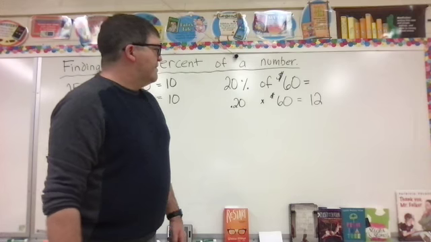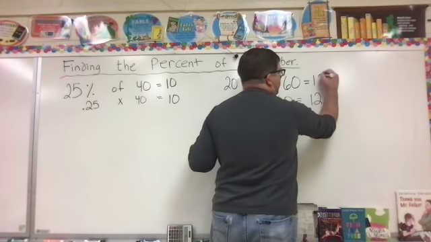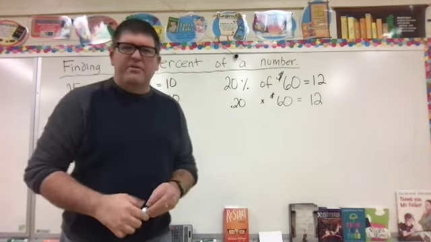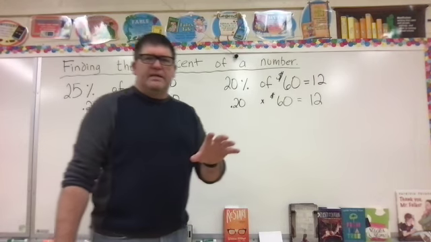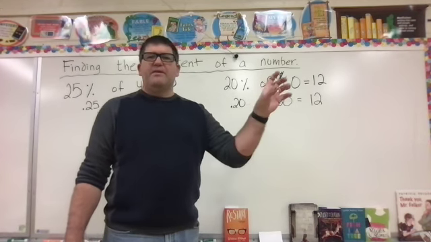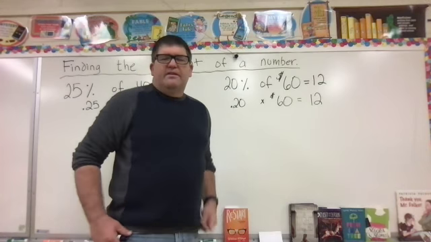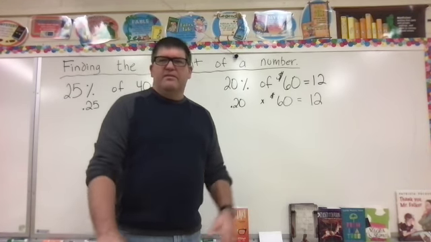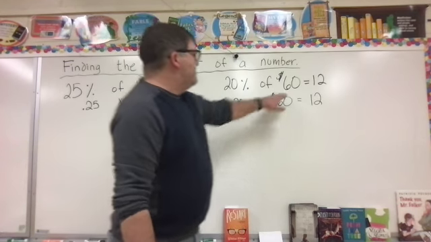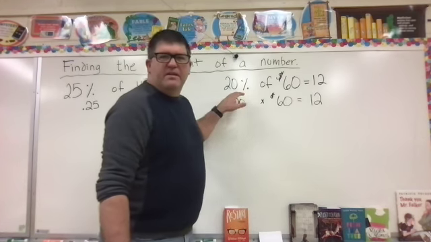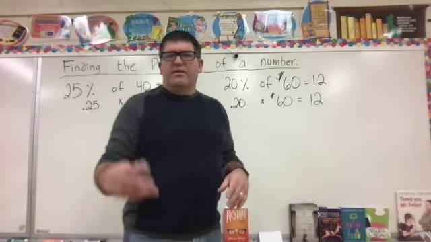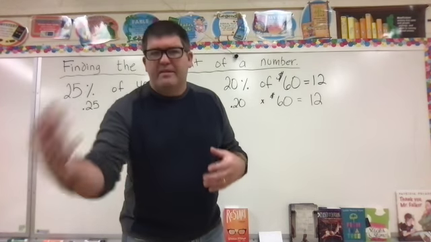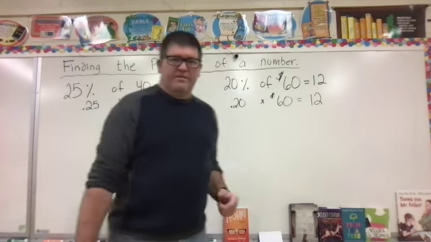Now, what that tells me, if I'm going shopping and I get to these jeans and above it says 20% off, and I'm like, oh, cool, that's good. Anything off is good because you don't want to spend too much money. Jeans cost 60 bucks, and if they're 20% off, before I go to the counter and they say, well, that's going to be this price, you can figure it out.